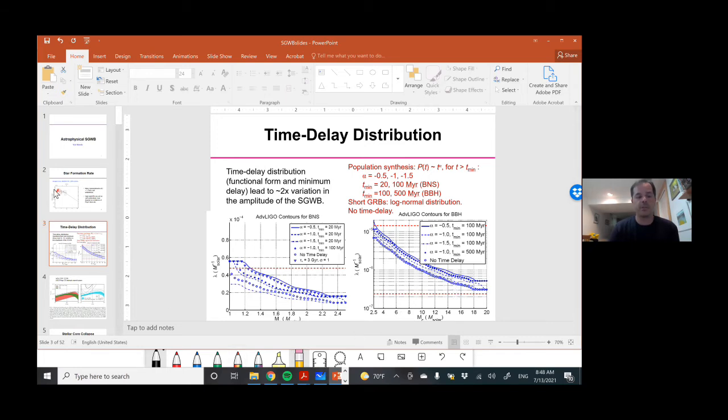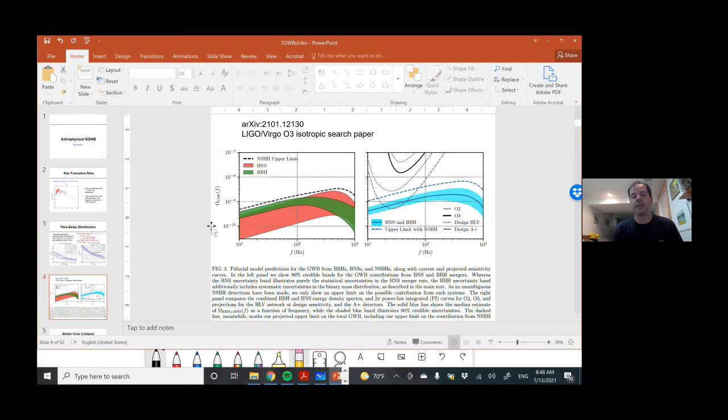So just to give you an example of what the results look like, these are our calculations from the LIGO and Virgo collaboration for the last stochastic search. You can find that on arXiv. This is the O3 stochastic search paper.